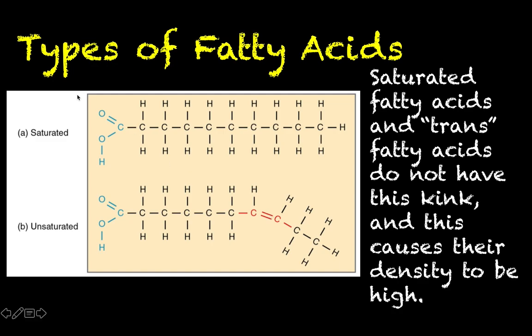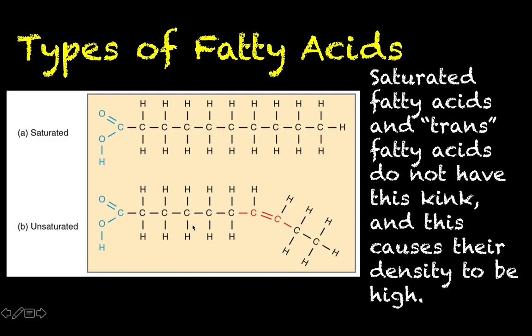Like I said, saturated fatty acids and so-called trans fatty acids, where those hydrogens are on opposite sides of the double bonds, do not have that kink, so those molecules are very linear, and their density tends to be very high because you can fit a lot of these fatty acid molecules in a very small volume.